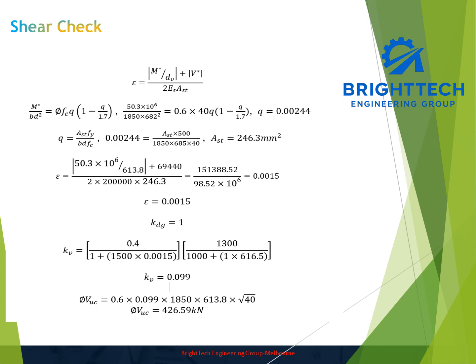Here is M star over BD squared, equals phi fc' Q(1 minus Q/1.7).